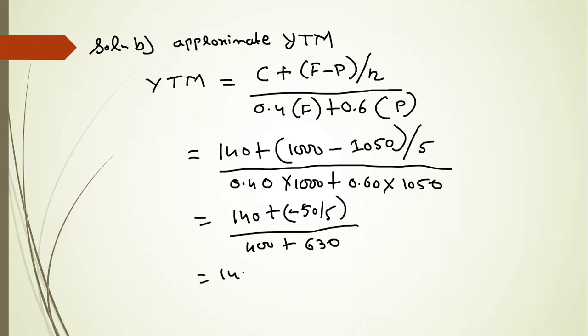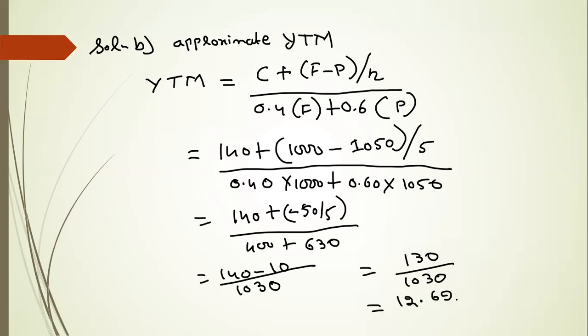So 140 minus 10, because 50 divided by 5 is 10, and whole divided by 1030, so it is 130 divided by 1030, which is 12.62 percent.